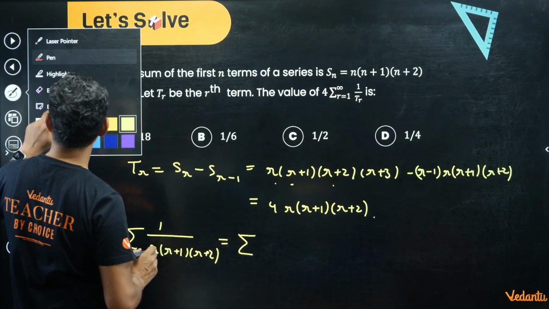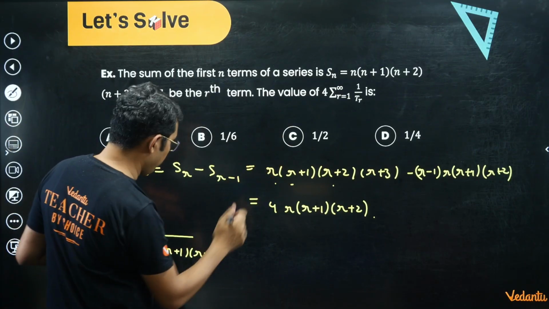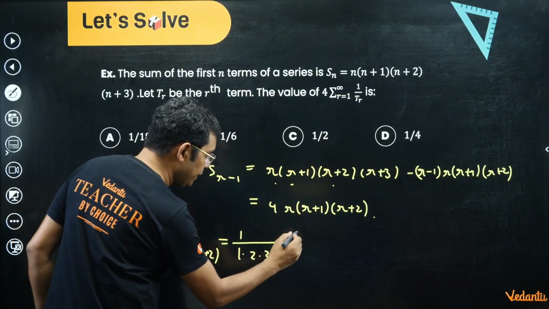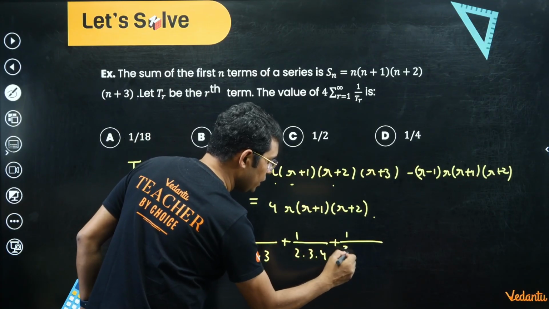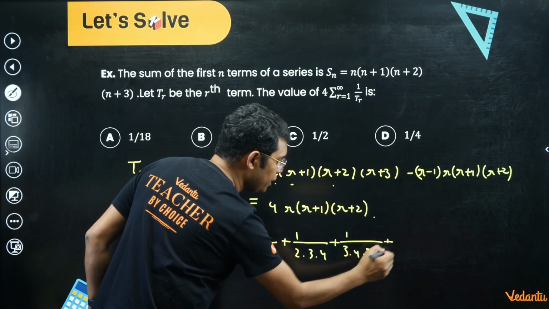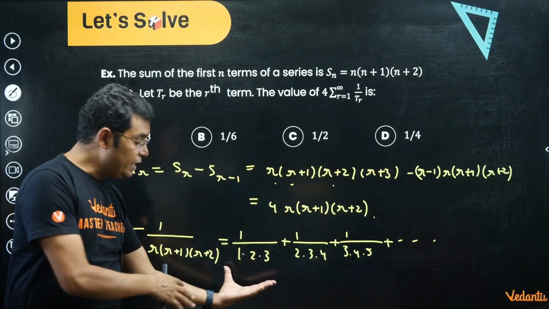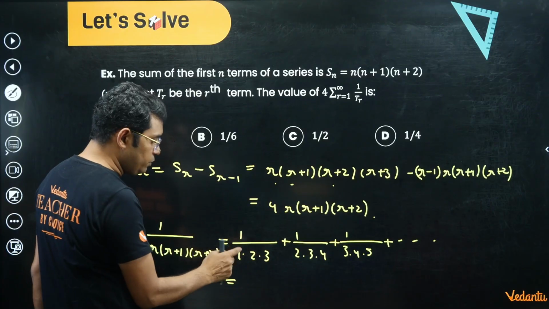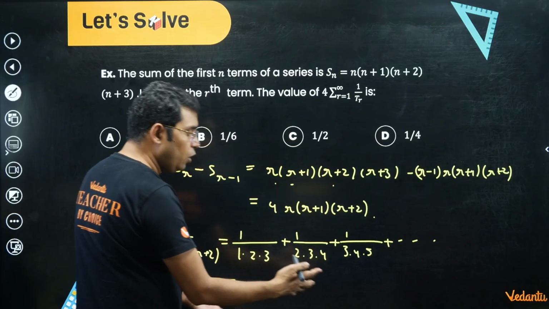If you start writing these terms by putting r equal to 1, first one will be 1 upon 1 into 2 into 3, then 1 upon 2 into 3 into 4 plus 1 upon 3 into 4 into 5 and so on. Now I told you how to split them as a difference of 2. We will be taking the difference of these two terms because they all are in AP: 1 2 3, or 2 3 4, or 3 4 5.